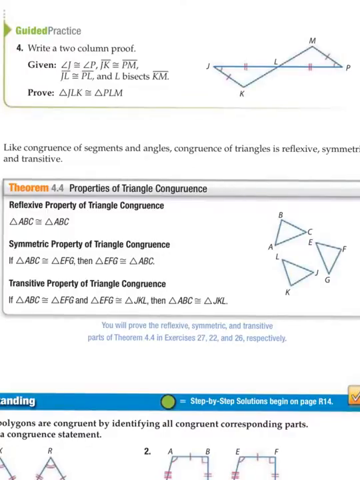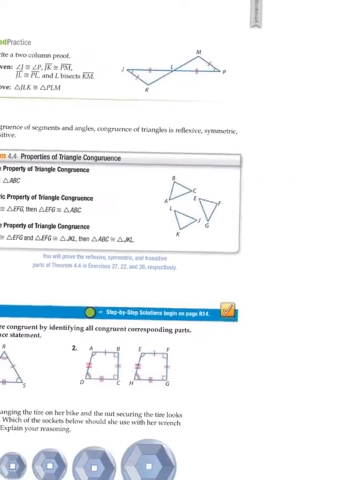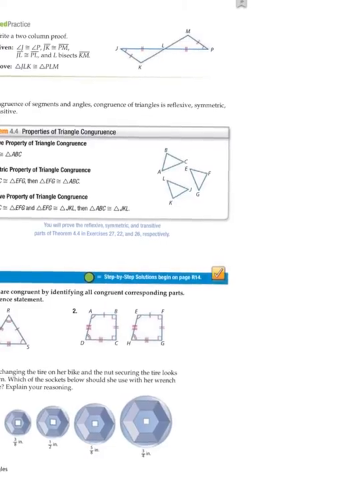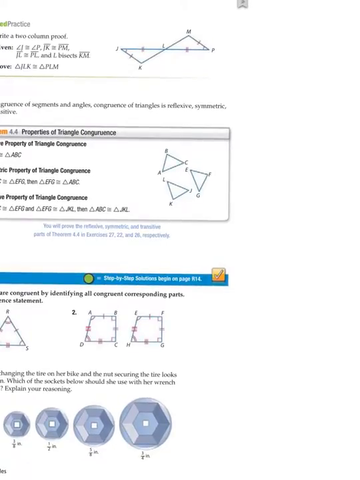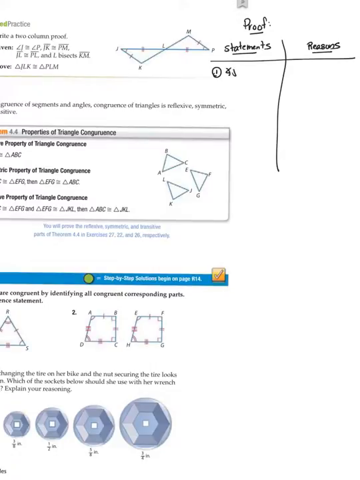Okay, let's make our statements and reasons and see how we can work this proof. Bring it over here to the side a little bit. All right, we have angle J congruent to angle P. So let's focus on our angles here.